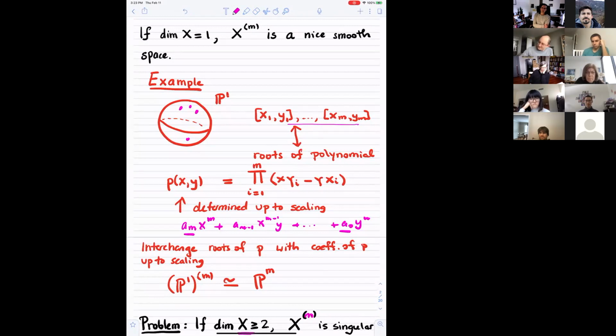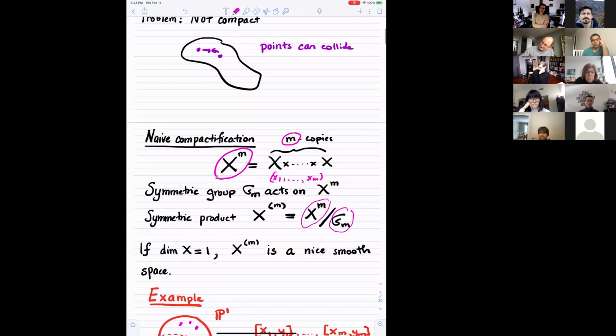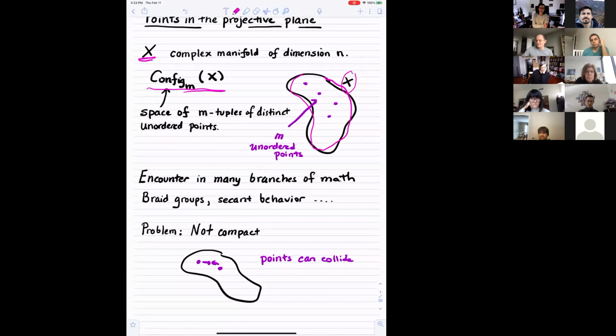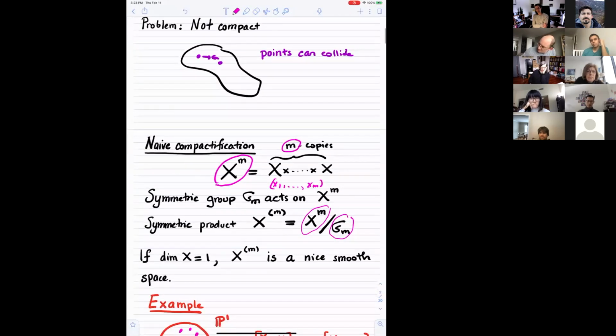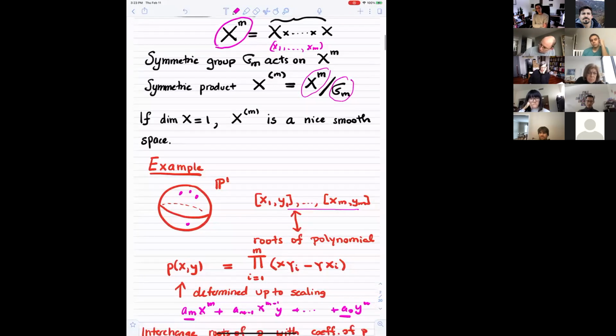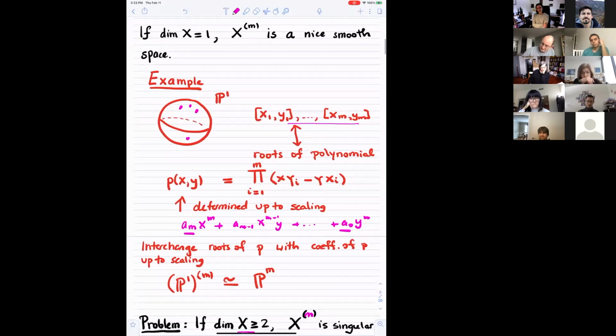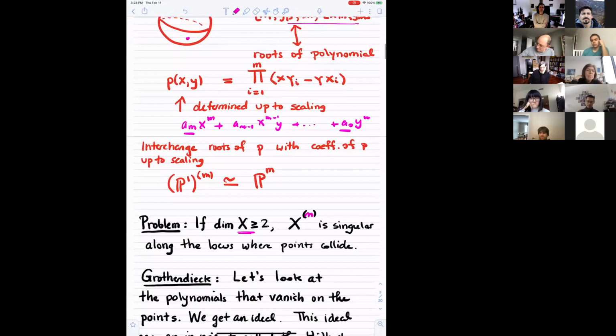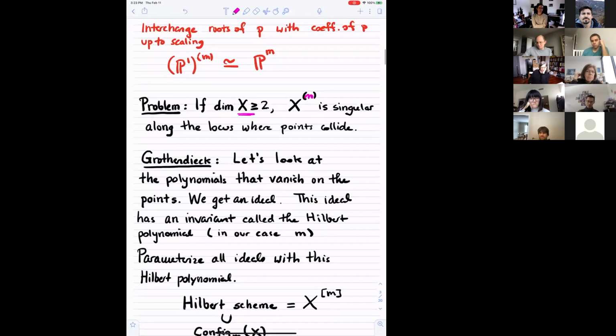And I can do this because, secretly, as I said from the beginning, my x is some projective variety or complex projective manifold. So instead of looking at the set of configurations of m points on the space, let me look at polynomials that vanish on those points.